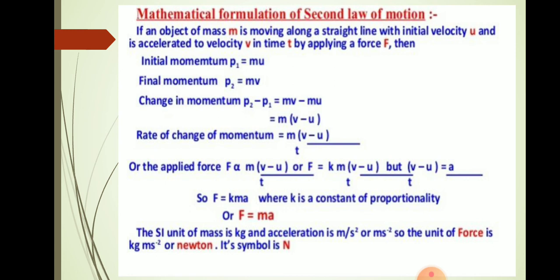So the unit of force is kg meter per second square, or Newton, whose symbol is capital N. So Newton's second law of motion states that the rate of change of momentum is directly proportional to force applied. Okay, so F is equal to ma is the equation for second law of motion.